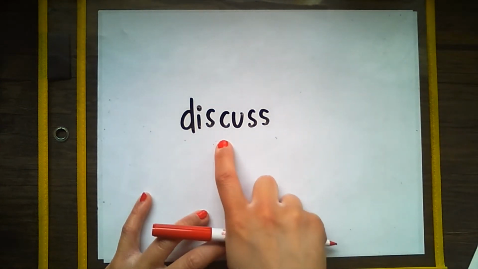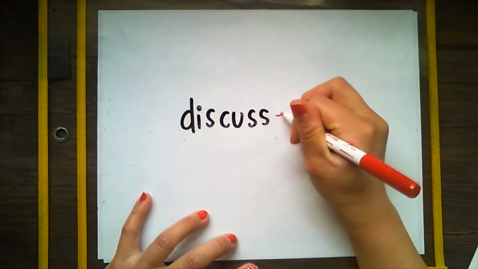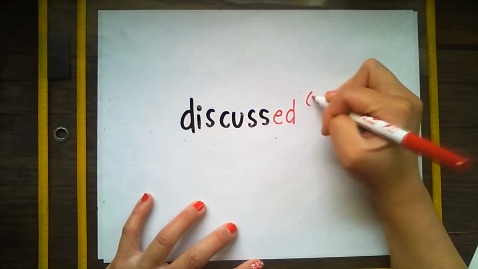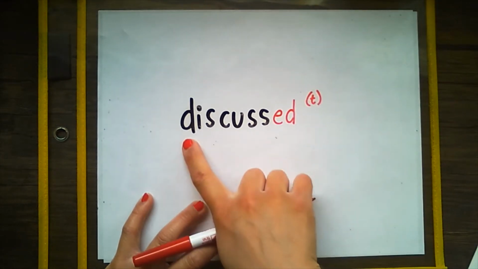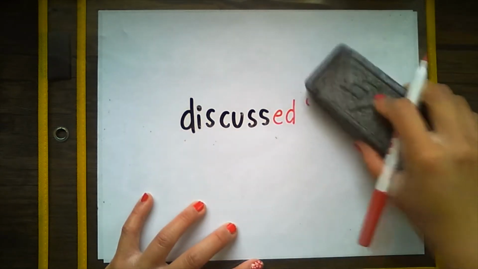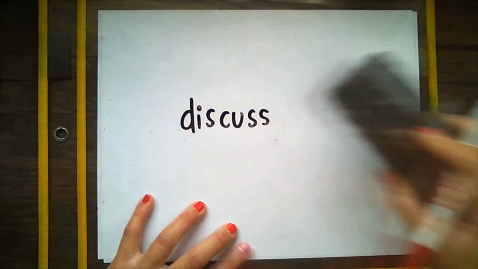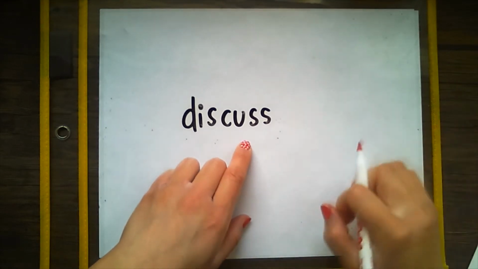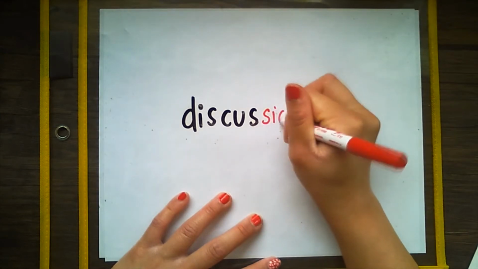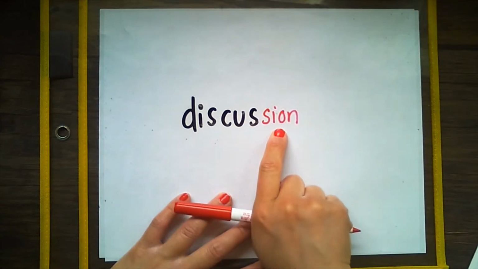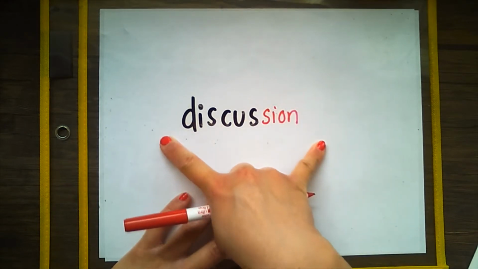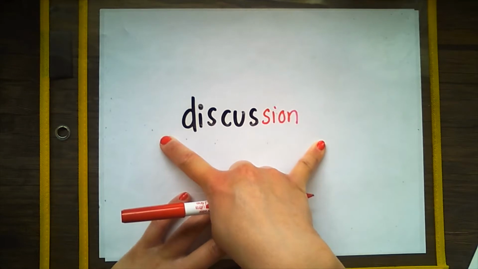Okay. Read, discuss. Read, d. This is going to make the T sound, okay? Read the whole word, disgust. Alrighty, read. Read, shun. Read the whole word, discussion.